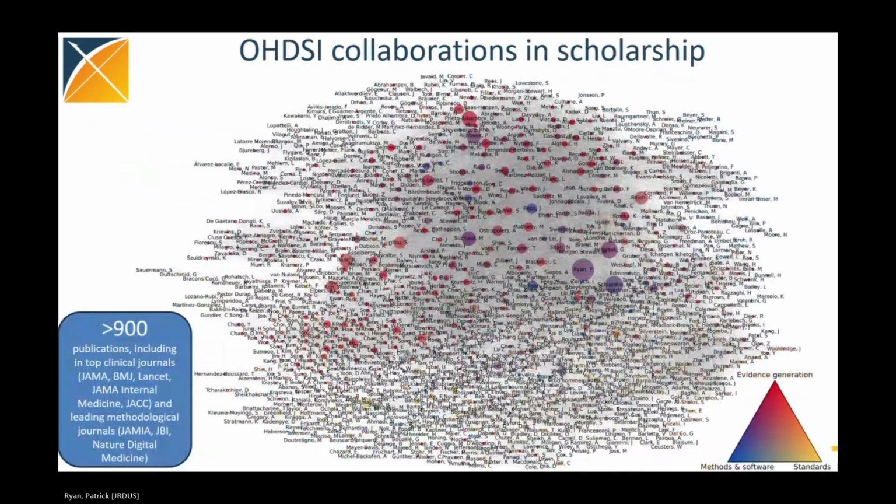And I mentioned scholarship. We pride ourselves very much on trying to not just advance the science, but actually produce scholarship. We've published over 900 articles as a community, and this tar ball is actually representing all the collaborations that happen. One of the things we believe is that science is a team sport. That means to generate reliable evidence, we need lots of data partners.